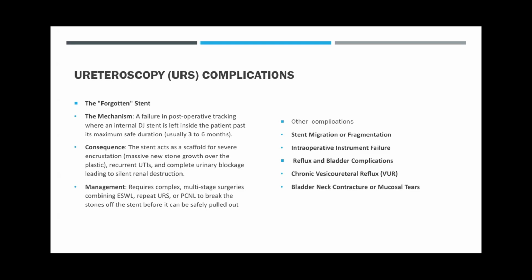Management for that patient requires complex multi-stage surgeries because they may develop encrusted stents with new stone formation. Other complications we can have from URS are stent migration or fragmentation while pulling the stent, intraoperative instrument failure, and also reflux, bladder neck contracture and mucosal tear.